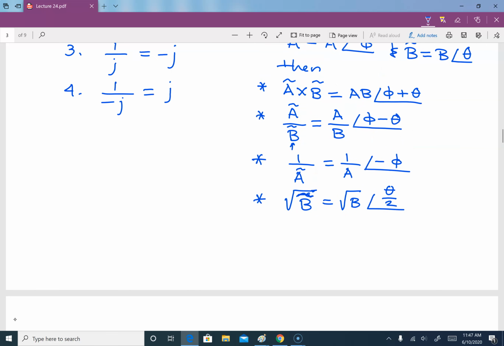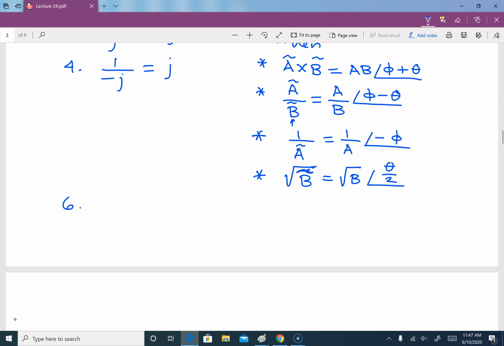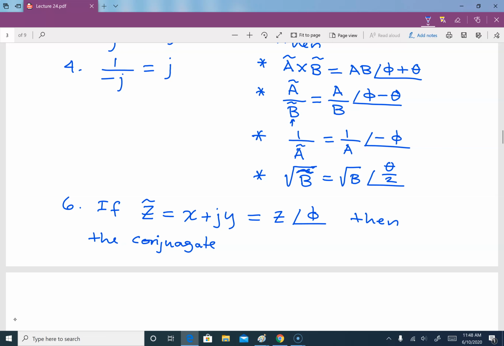So now for number 6, if z is equal to x plus jy, which is phasor z, and that is equal to the magnitude z with an angle phi, then we can say its conjugate, which is z with a star here.